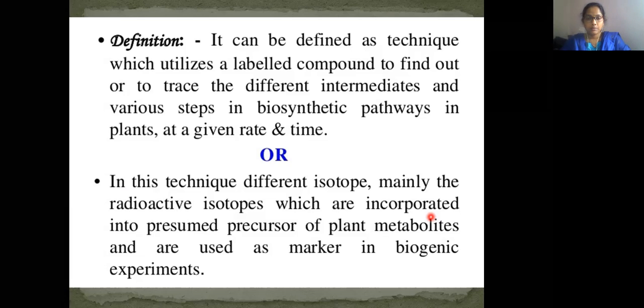We have two types of isotopes, radioisotopes and stable isotopes. Here we mainly use radioactive isotopes, because they emit radiation, so it will be easy for us to locate or identify the labeled compounds.